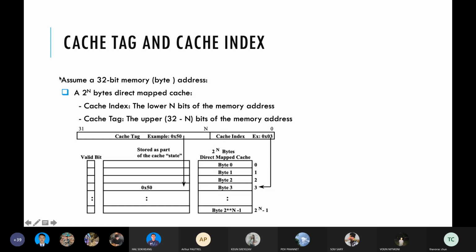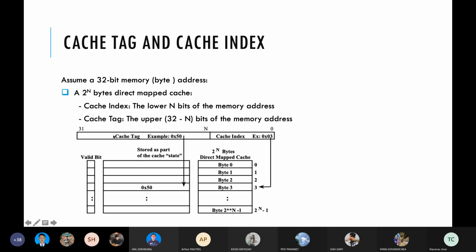So here's some example. Assume we have 32 bits of memory. 32 bits of memory here refers to the address size of the memory. So you can see the addresses here, 0 until 31, because we have 32 bits. And this section we call the cache index.